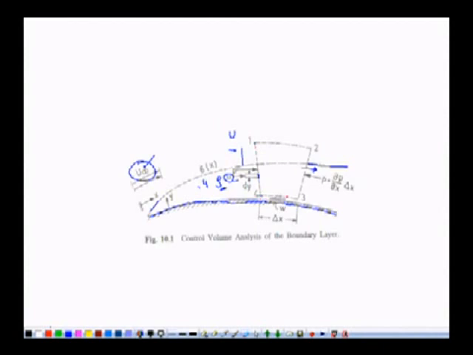1, 4. It is going in through face 1, 4, and going out through face 2, 3, because we have a velocity in x direction. If more mass is going out from 2, 3 than 1, 4, then naturally some of the mass is coming from 1, 2, because no mass can enter through 3, 4, as 3, 4 is within the solid boundary. So from the solid boundary, no mass can enter into this control volume.